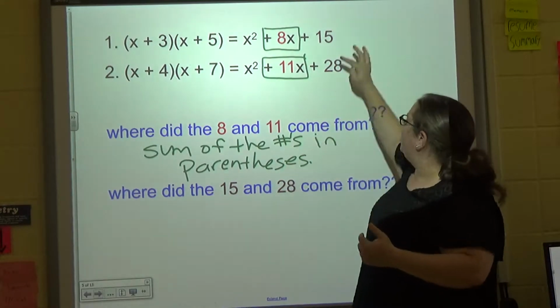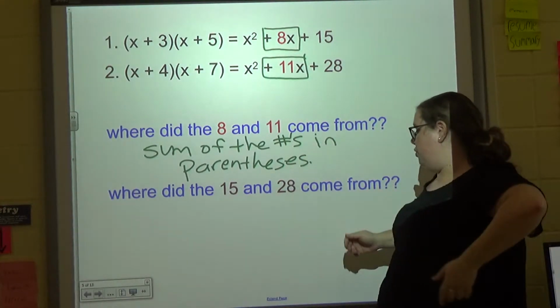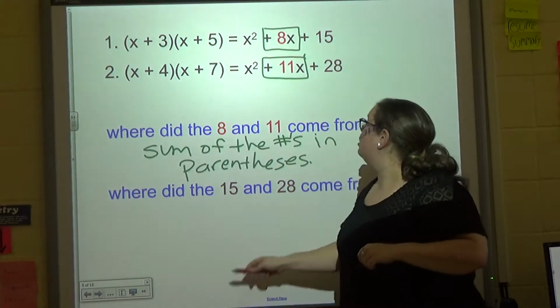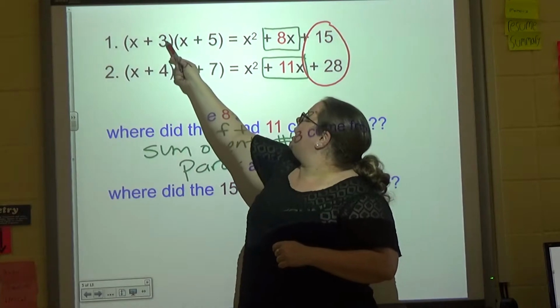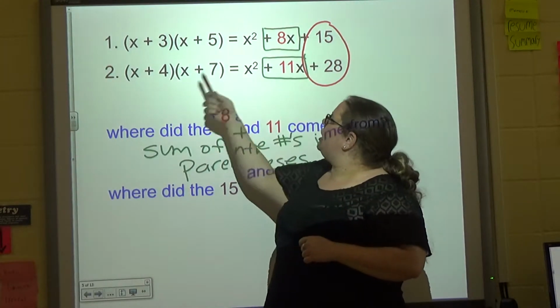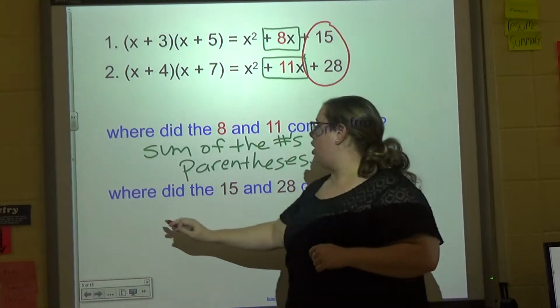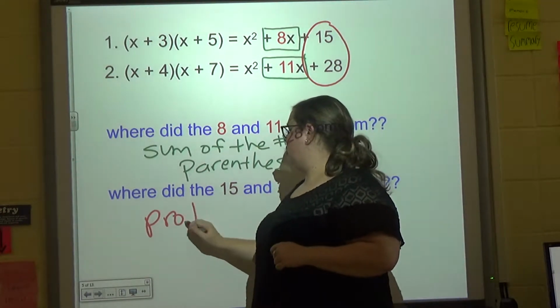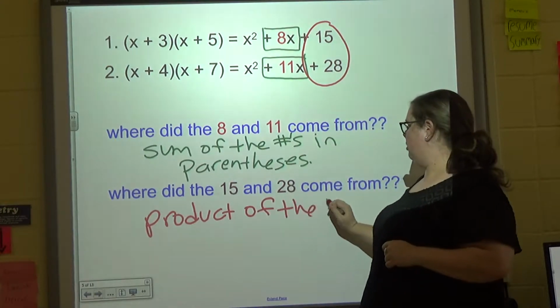And then the 15 and the 28, where did those come from? Well, again, you should notice that those come from the product. It's 5 times 3 is 15, 7 times 4 is 28. So it's the product of the numbers in parentheses.